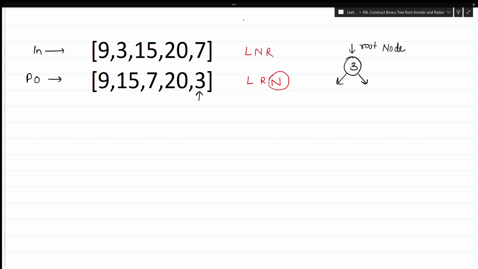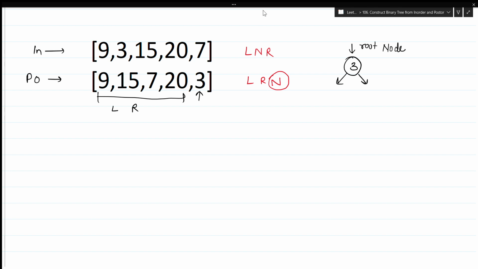But I don't know in this particular area where the left ends and where the right starts, but I definitely know that the end index will always contain my root node.